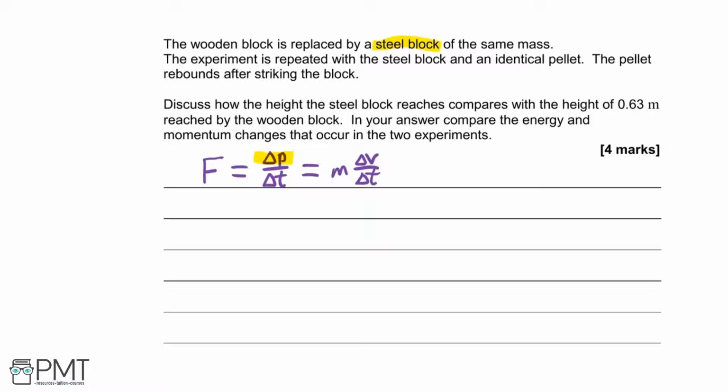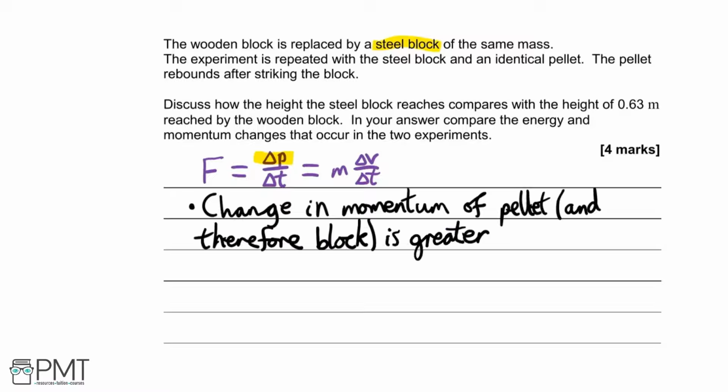So the first thing I would note is that where the pellet exerts a larger force on the block, it is going to move away with a higher speed. So what that would then mean is that the block itself, I'm not saying block pellet combination this time because it is just the block on its own, is going to have a larger speed as it moves away.